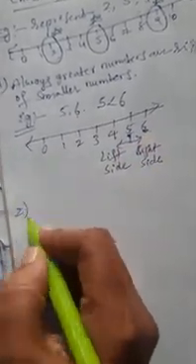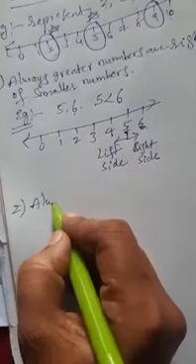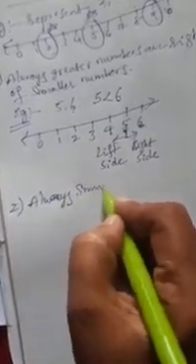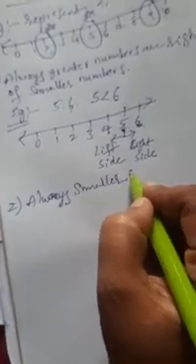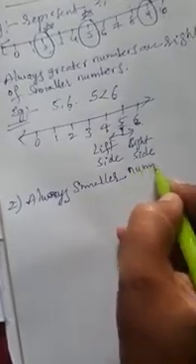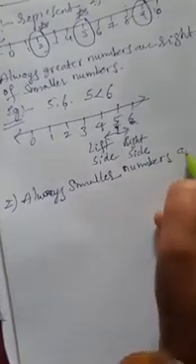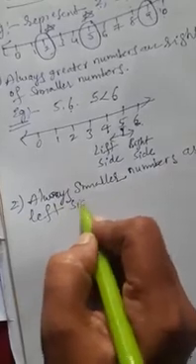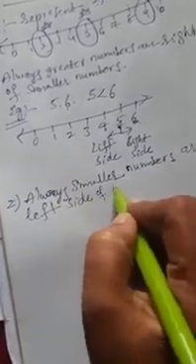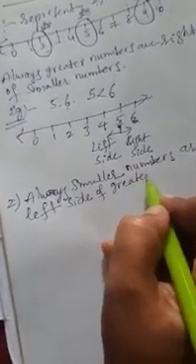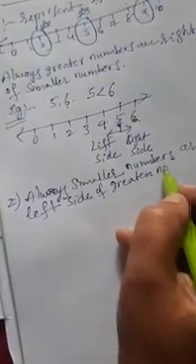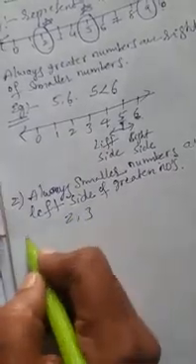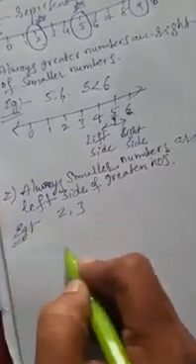Next, the second one: always, smaller numbers are on the left side of greater numbers. Suppose 2 and 3.